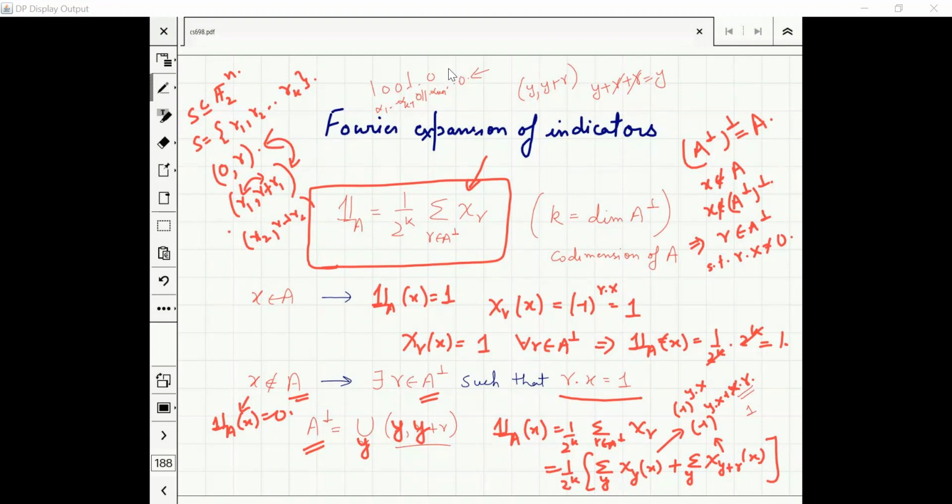It is the exact generalization of this top thing which we showed. That one was shown for a one-dimensional subspace. Now I am showing it for a bigger subspace.